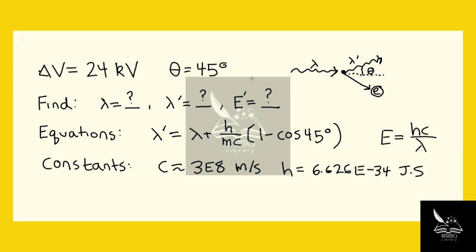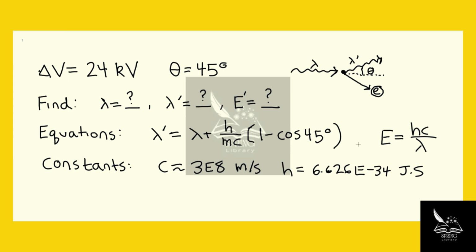So the primary equation we will be using to solve for all of these quantities is the Compton scattering equation, which relates the change in wavelength lambda of these X-rays to the angle of scattering.